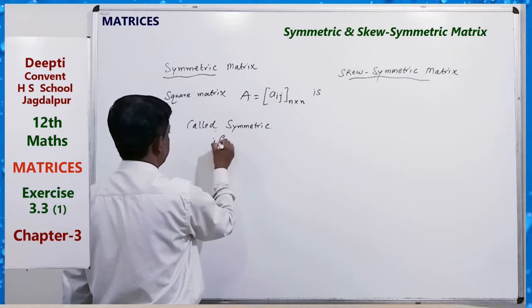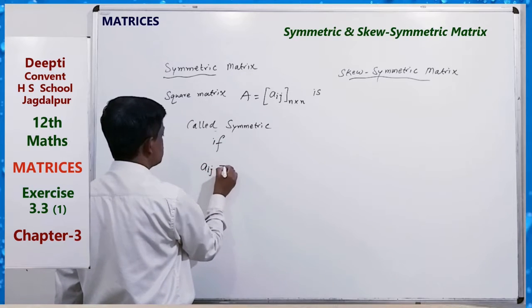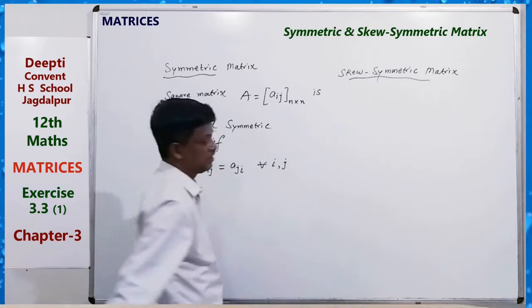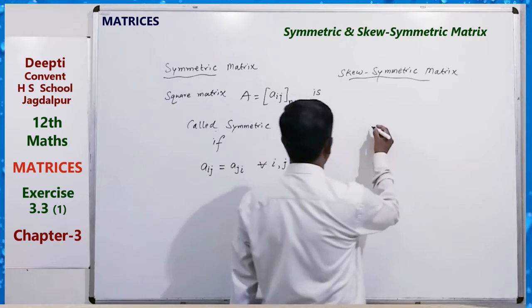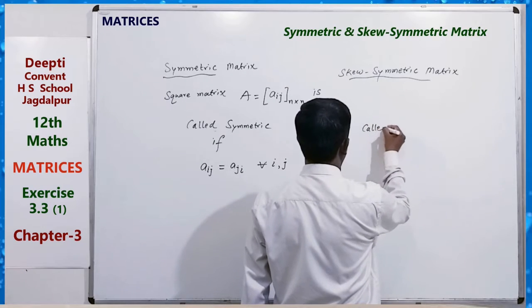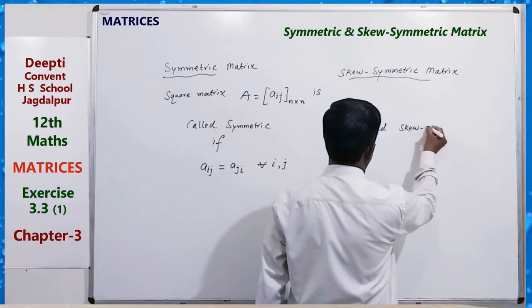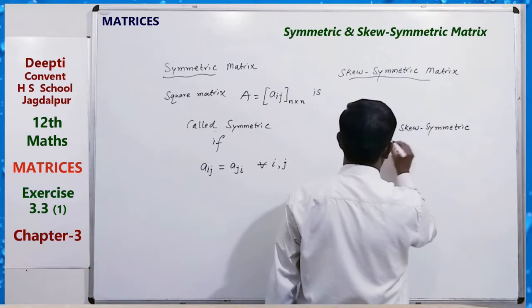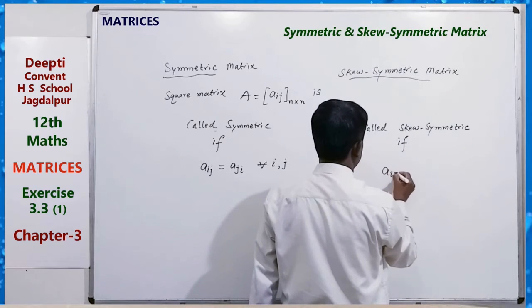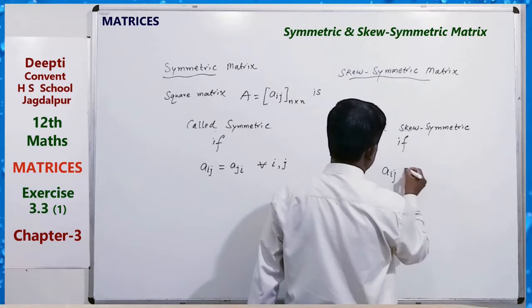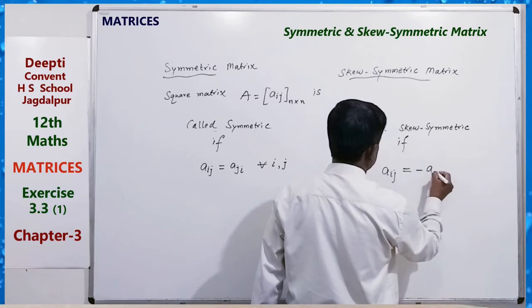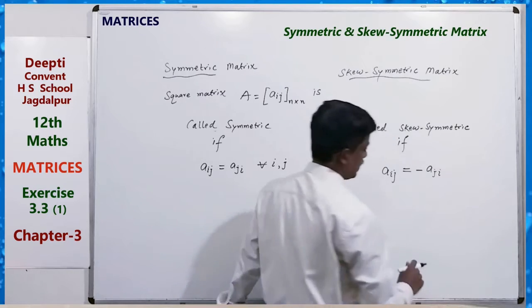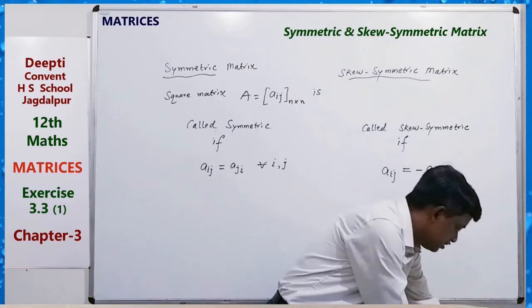if Aij equals Aji for all i, j, and it is called skew-symmetric if Aij equals minus Aji.